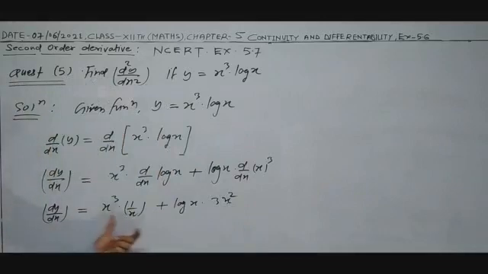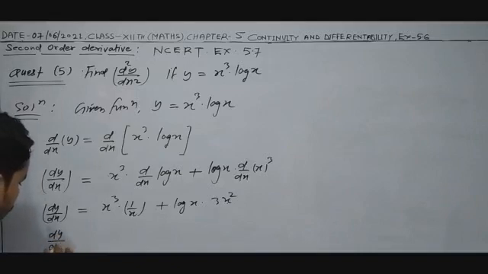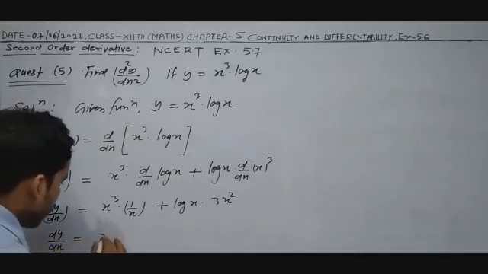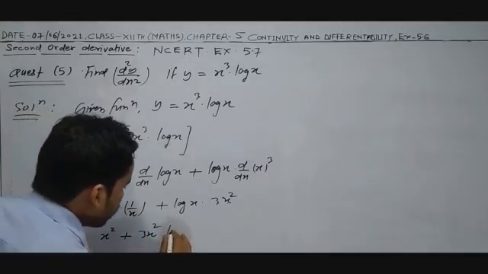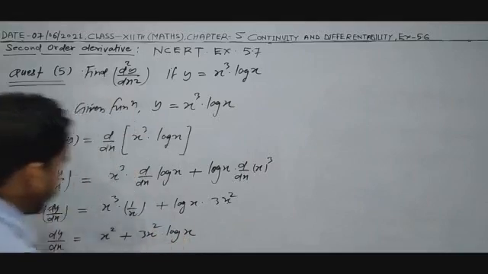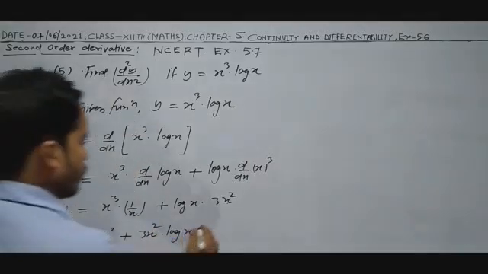So the whole result, dy by dx, will be x square plus 3x square log of x. Consider equation 1.